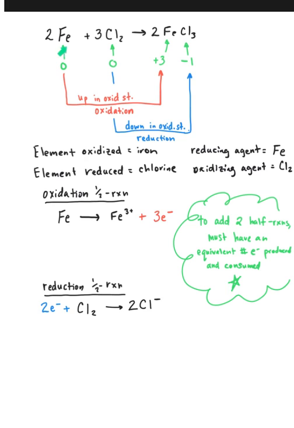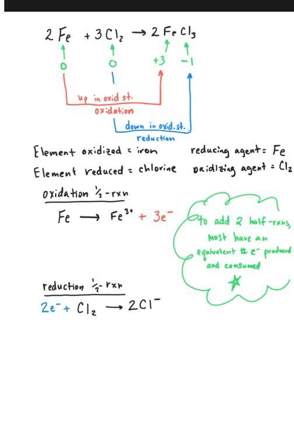Notice that electrons don't show up on the reactant or product side of the reaction up above. In order to do that, we're going to multiply both the oxidation and reduction half reactions by the simplest whole numbers that make the number of electrons produced in the oxidation half reaction equal to the number of electrons consumed in the reduction half reaction.